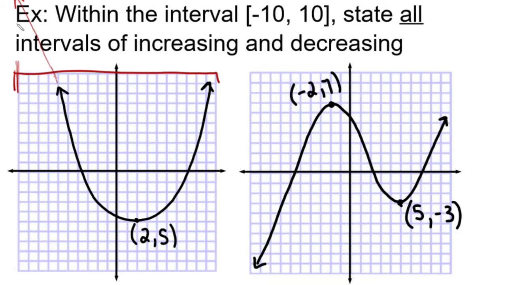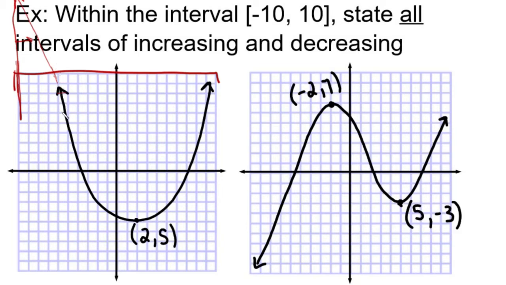What we do know is, based on the shape of the graph, that if you were to zoom out and examine the graph from this point here, as soon as you go to the right, as soon as your x values start to climb up, your y values are dropping, really.